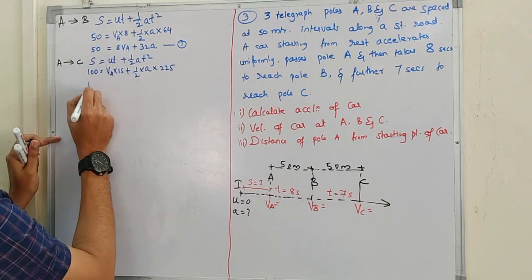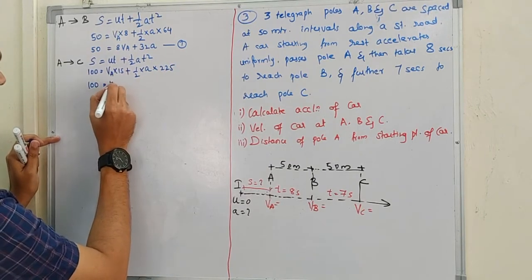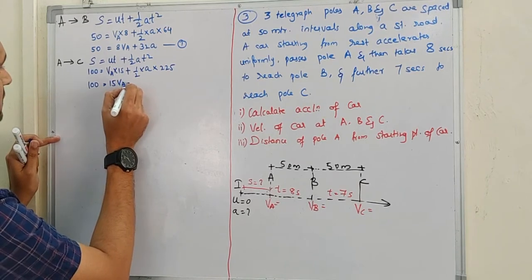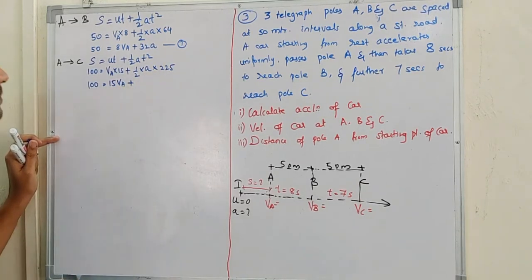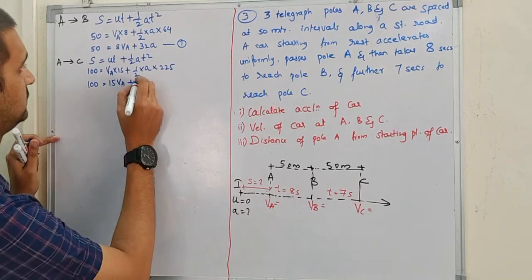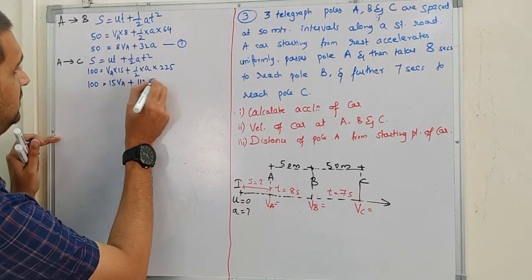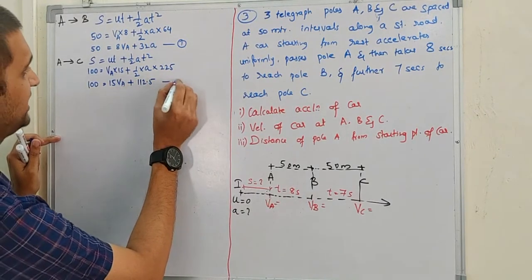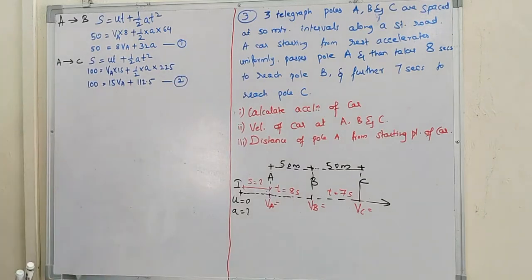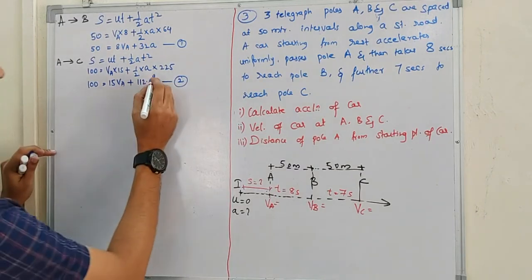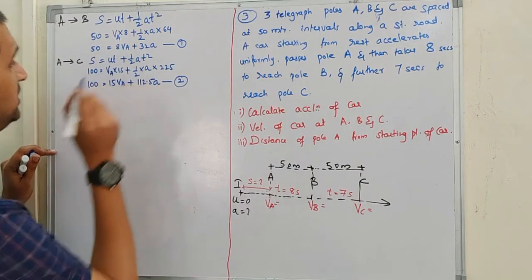When you simplify you get 100 = 15VA + 225a/2, that is 112.5a. I'll call this expression 2.